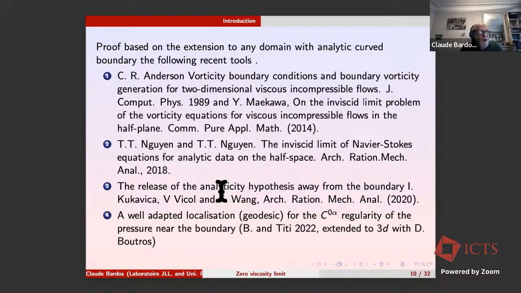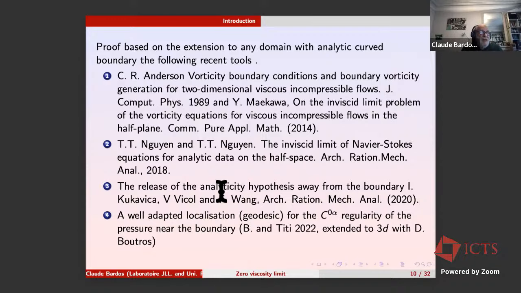Now, after that, progress was made on this question. The first progress was a paper of Toan Nguyen and Trinh Nguyen, and they proved the Maekawa result for analytic data in the half space, even if they touch the boundary.